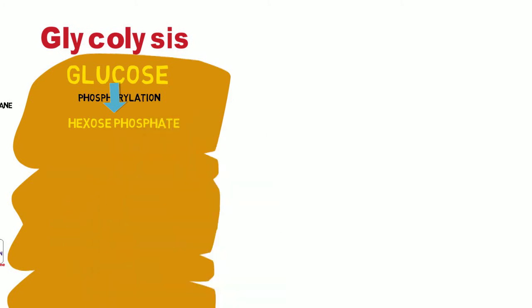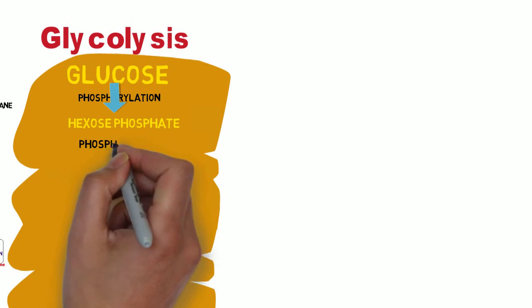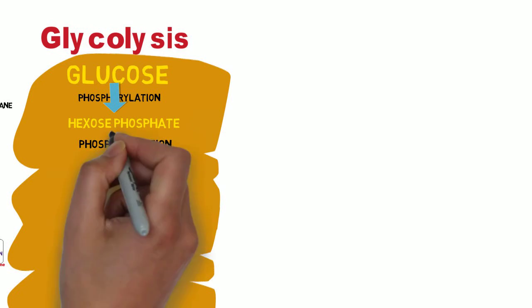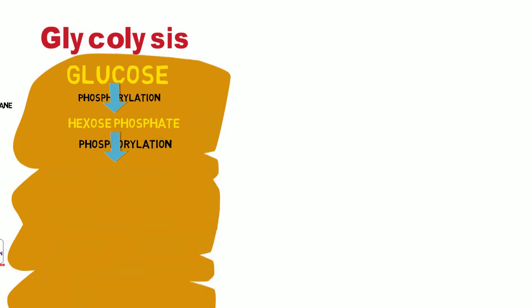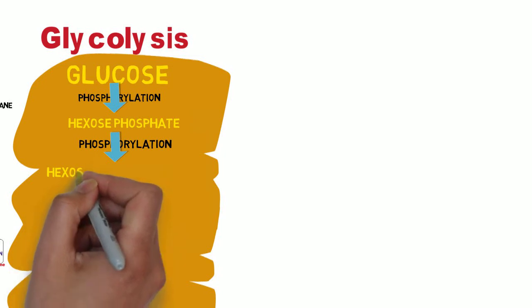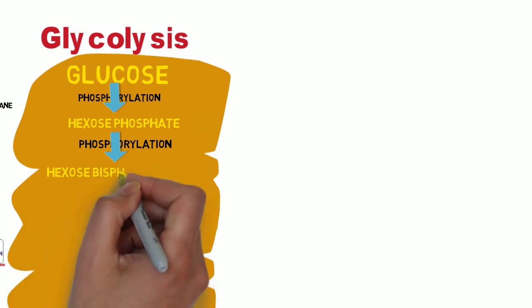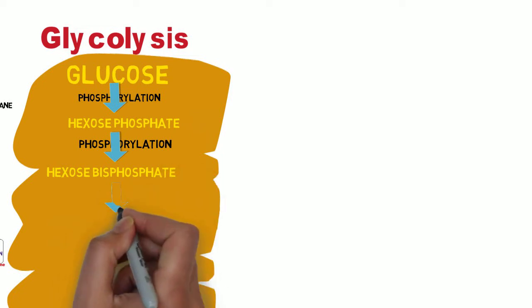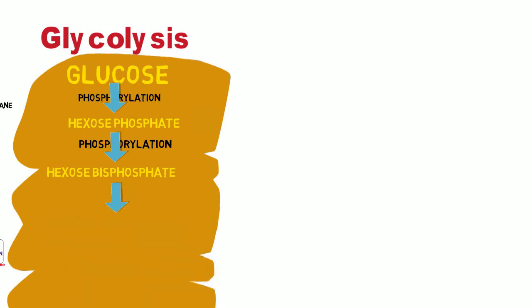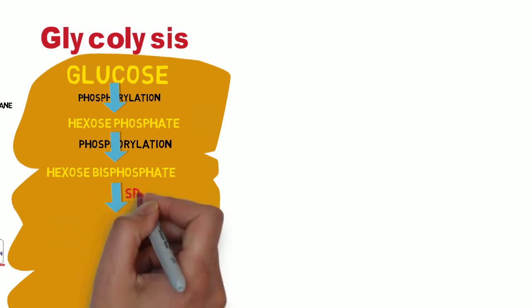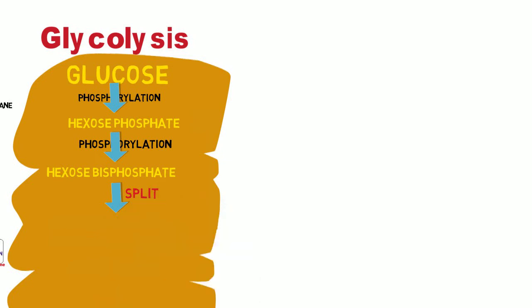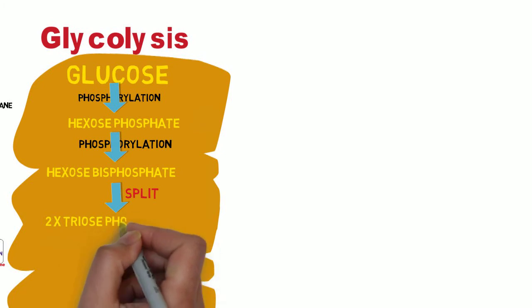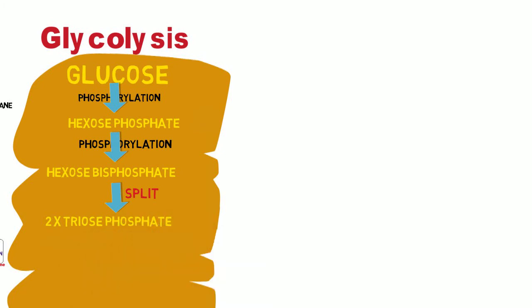This hexose phosphate accepts another phosphate group from ATP through phosphorylation to form hexose bisphosphate. It's a six carbon compound but with two phosphate groups attached to energize it, to activate it, to raise its energy level. As a result, the hexose bisphosphate splits into two identical compounds, two triose phosphate.